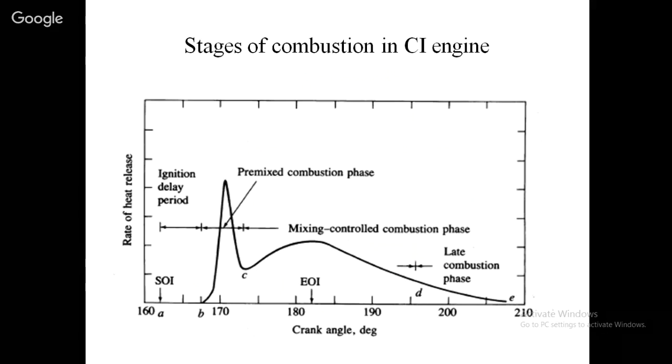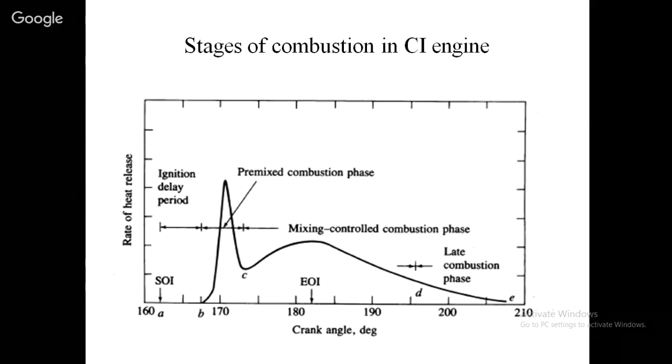After point D, there is a phase called the late combustion phase. This phase is not very important in terms of getting power from the combustion of fuel, because the piston is in the expansion stroke and the pressure is regularly decreasing and is not able to increase by the combustion of fuel.